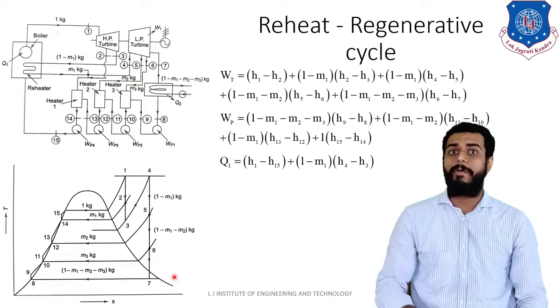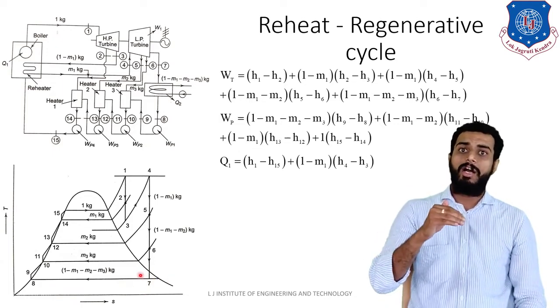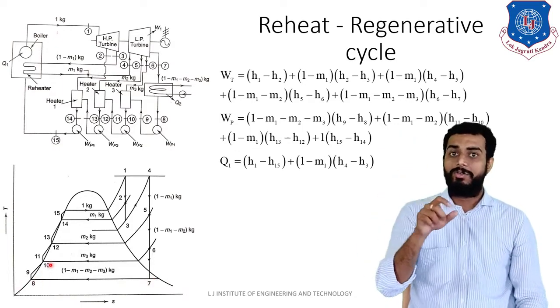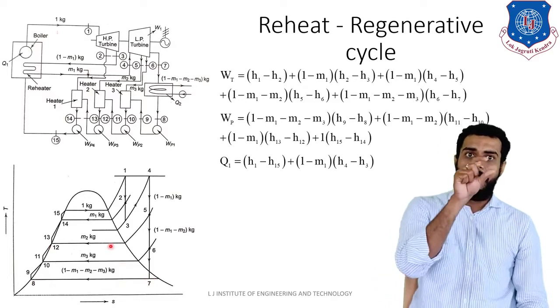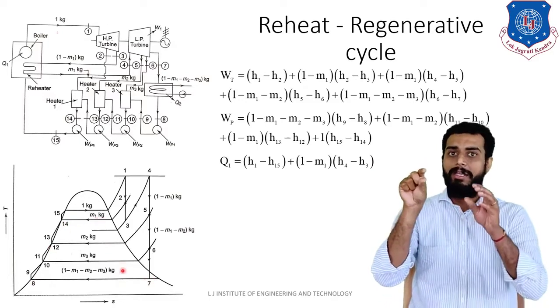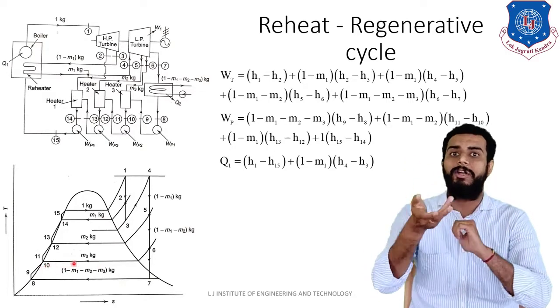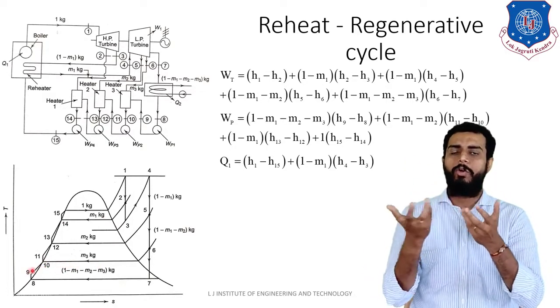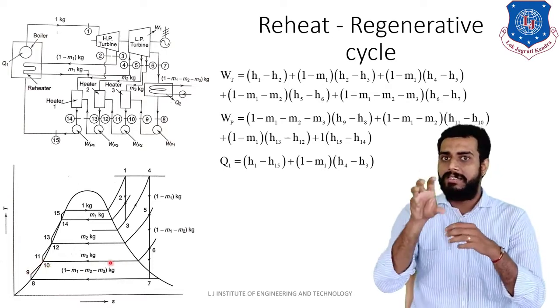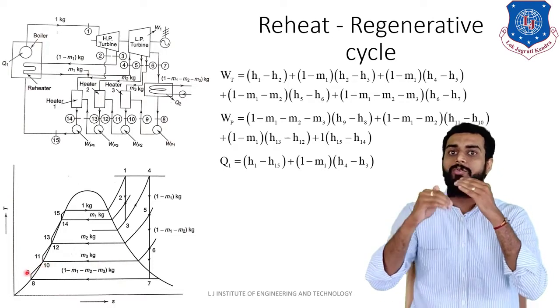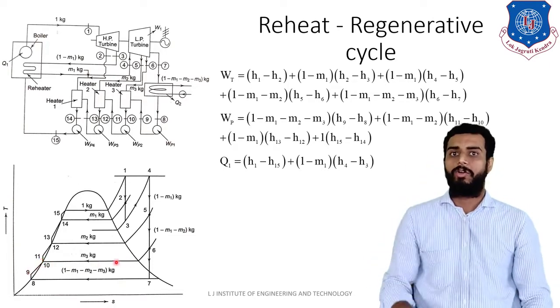Now some might have a query: okay sir, what about the upper horizontal lines? See students, the area below the upper horizontal line is not rejected heat, it is heat transfer. Because it is heat transfer from the steam to the water in the heater.